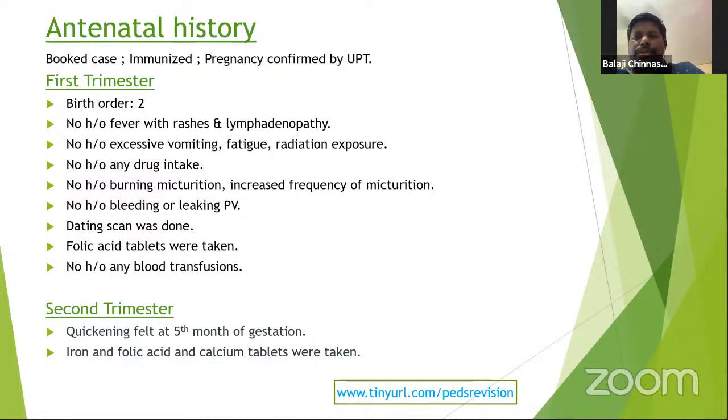Vignesh, can you say what you are concentrating on in the first trimester? Yes, sir. So I'm asking about fever with any rash or lymphadenopathy in order to rule out any TORCH infections, and history of excessive vomiting to rule out any hyperemesis gravidarum, or any radiation exposure which can affect the fetus in utero.